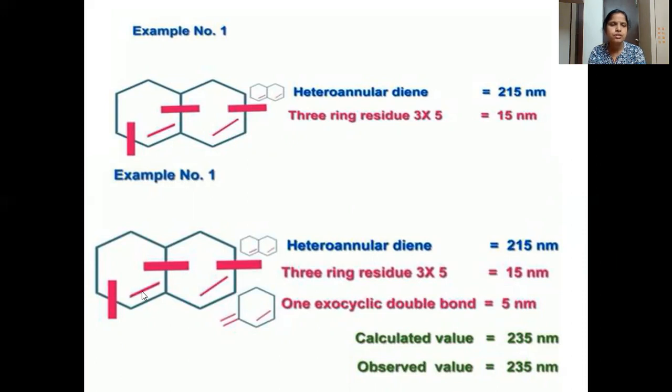If you look at this bond, this is the ring, and this is the double bond which is exocyclic to this ring. So it contains one exocyclic double bond where the increment is 5 nanometers. So the calculated value will be 235, and the observed value was also found to be 235 nanometers.